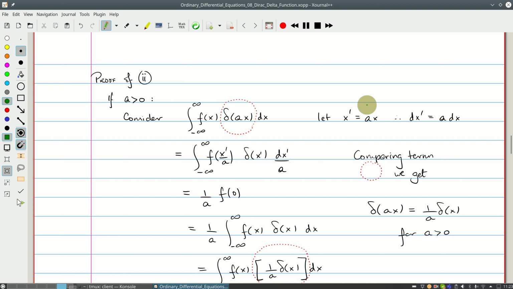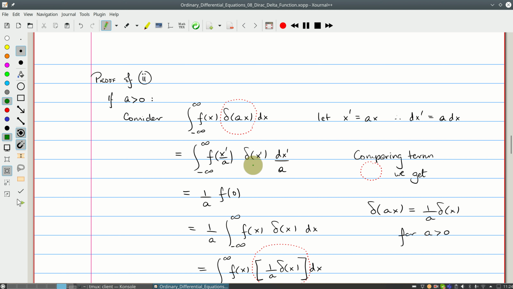I don't know how to handle this. So let's change variables to x prime again, where x prime is equal to a times x. dx prime is equal to a times dx. Because a is a positive constant, nothing changes with these limits. So we have minus infinity to infinity, f of x prime divided by a, delta of x prime, and then we have dx prime divided by a.